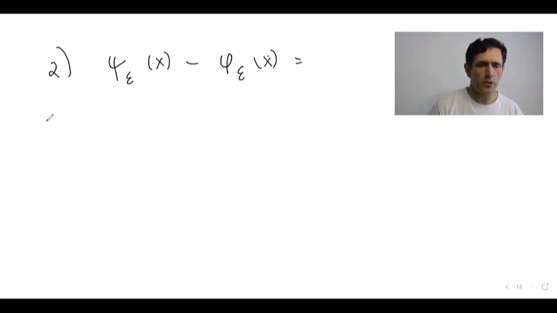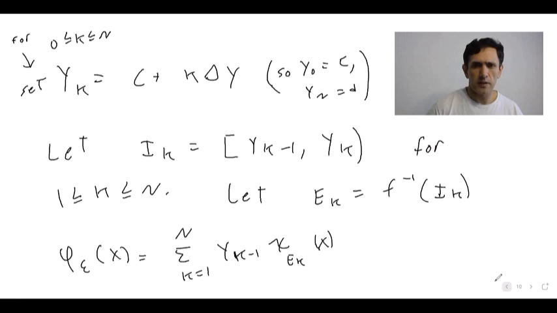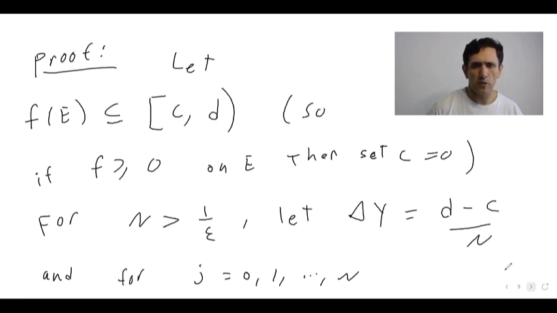This was equal to y_{k0} minus y_{k0-1}. And by definition, this has length delta y, because we're picking my intervals to have width d minus c over n.